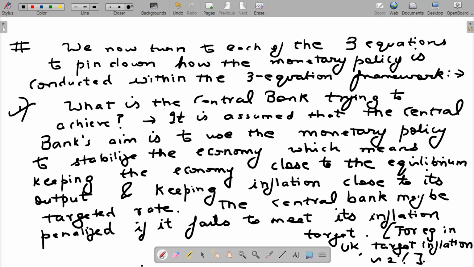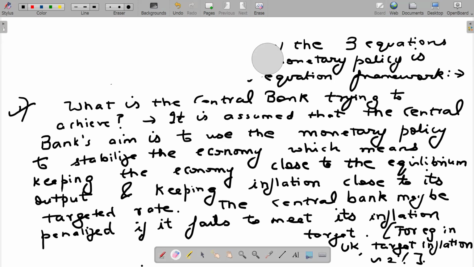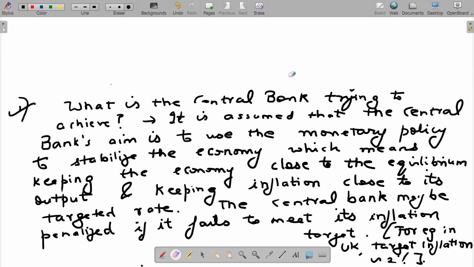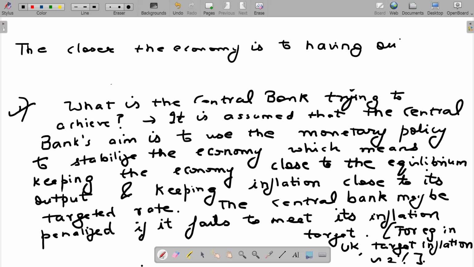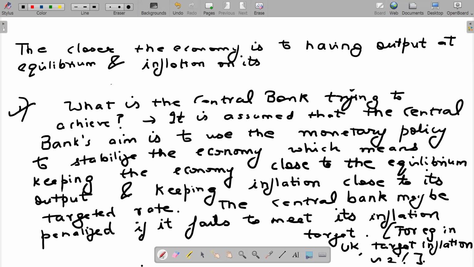I can erase the initial portion and write this on the top: the closer the economy is to having output at equilibrium and inflation on its target, the lower will be the reputational cost of the bank.